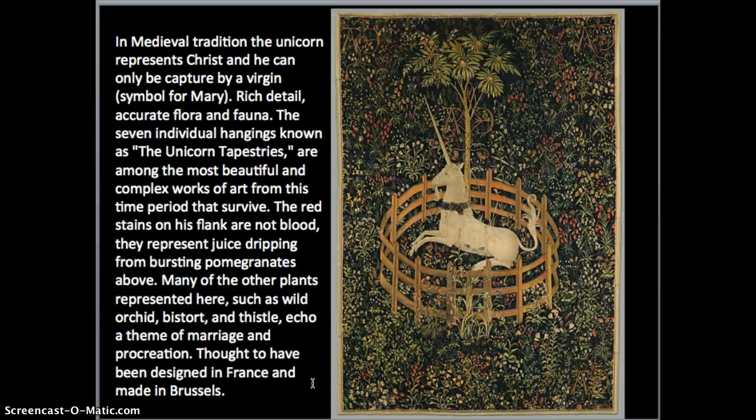So perhaps the unicorn represents love and marriage and femininity. It was thought to have been designed in France and then made in Brussels, but it is a very epic example of artwork from the South Netherlands region.